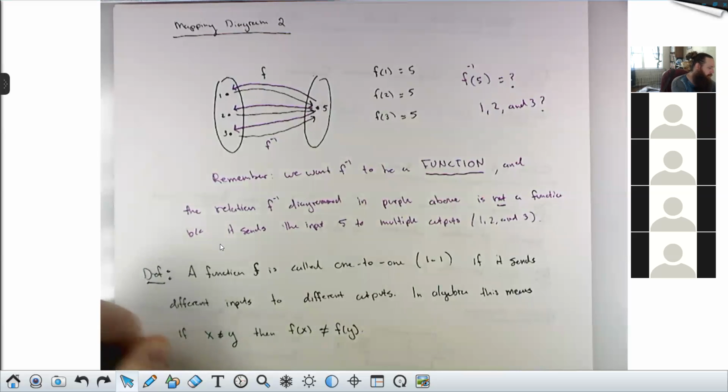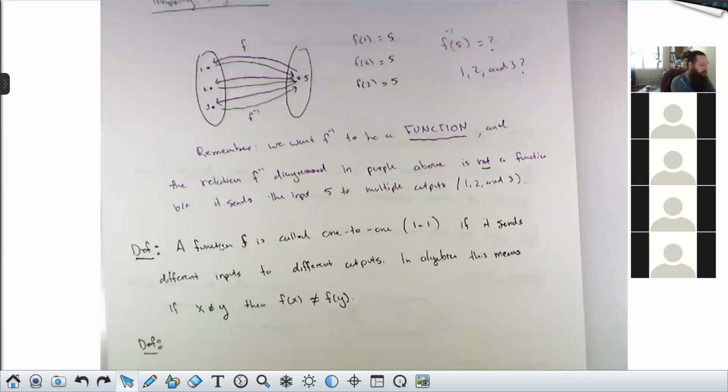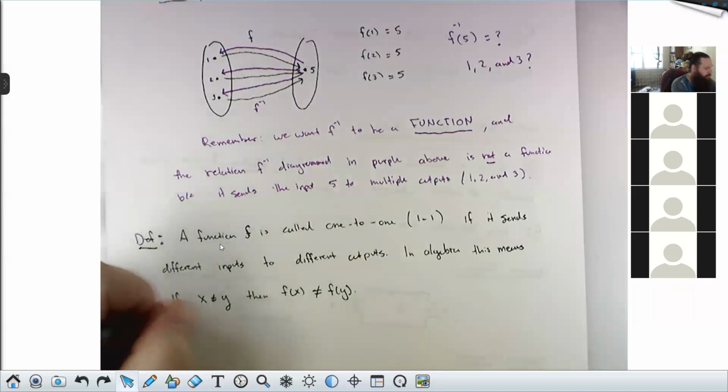So we've talked about this concept of an inverse, but we haven't defined it properly yet. So we can even roll these together.